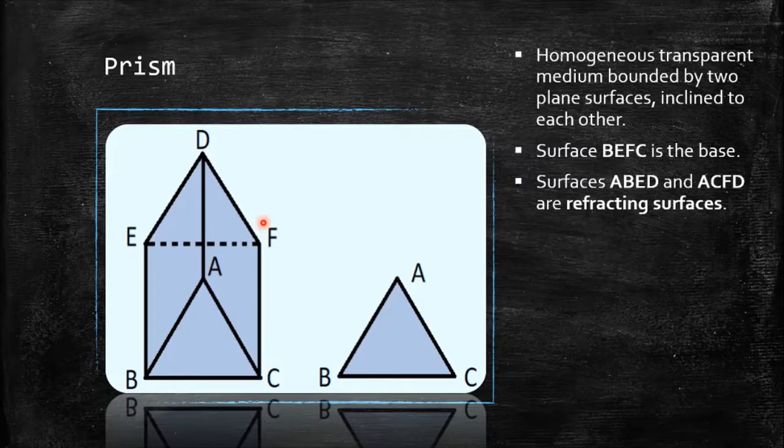Now, while I am at it, I would really like you all to note these things down in your notebooks. So just to recap, BEFC is going to be the base of the prism. Well, you can see that it's a rectangular surface, right? Also, ABED and ACFD are my refracting surfaces or the tapering surfaces.